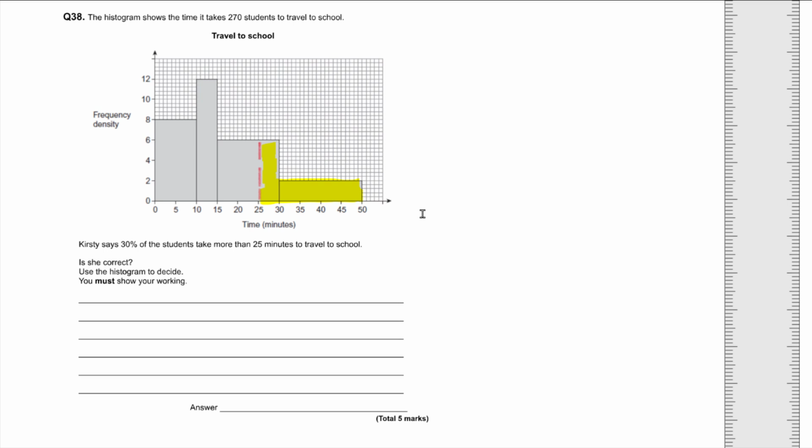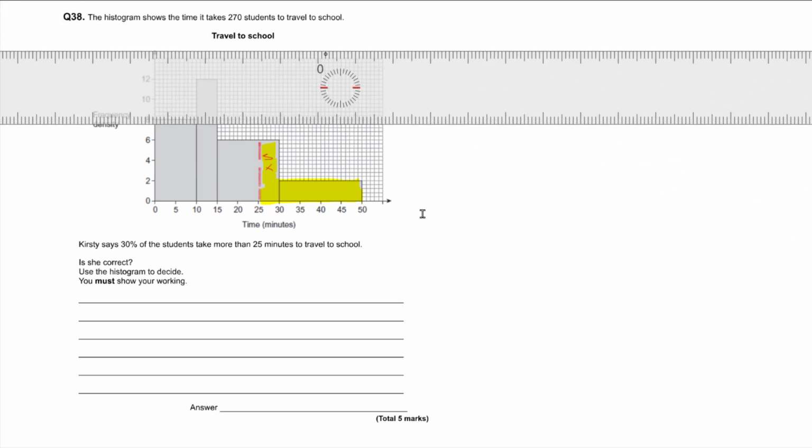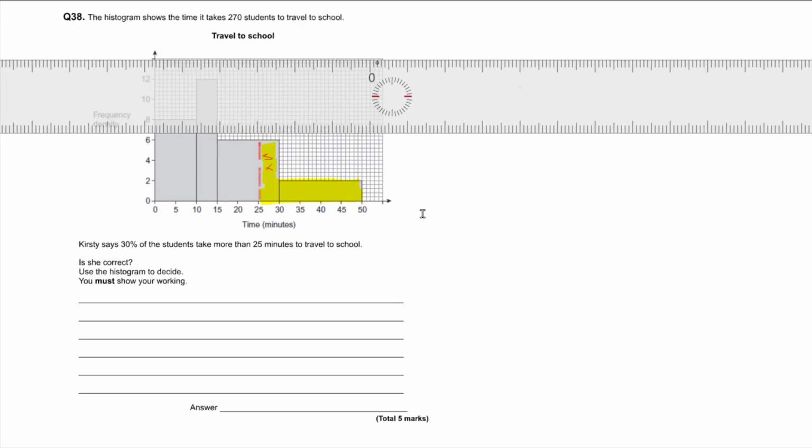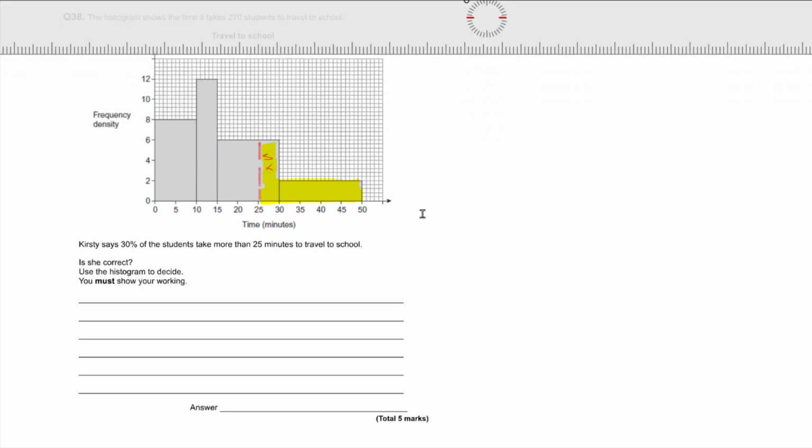Right, so the first bar has got a width of 5 and a height of, what's that, 6? Just double check that is 6. Yes, it looks like 6. So 5 times 6, that's 30.